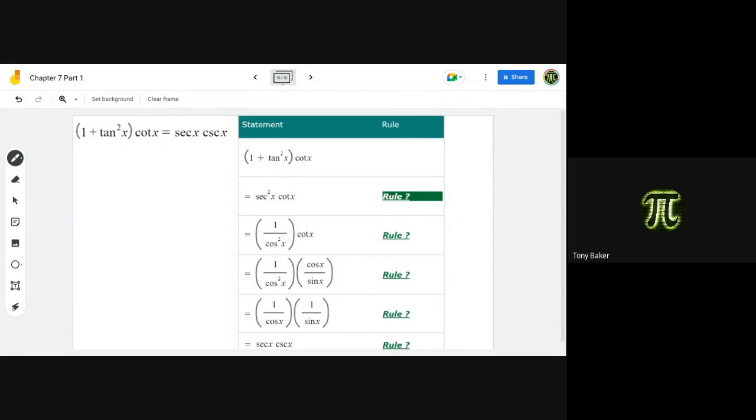All right, so let's look at this one. They want to change 1 plus tangent squared x cotangent x to secant x cosecant x. Notice that between the first and the last one, there's no more addition and subtraction. So odds are I'm going to have to do some kind of Pythagorean identity there, and that's what they actually end up doing first. They want to get rid of that part first.